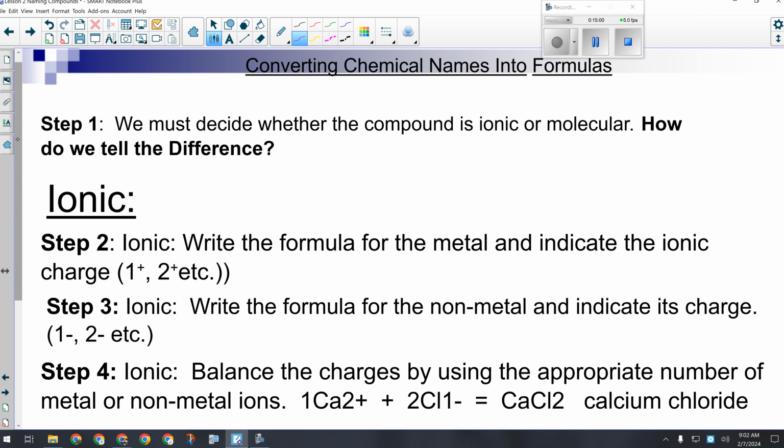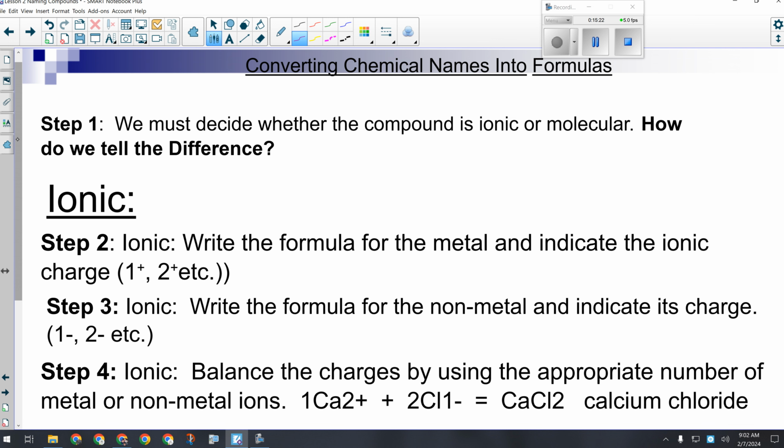You can just count how many rows over they are from the noble gases. That number equates to their charge. Okay? All right, so we write the name of the metal, indicate its charge, write the formula for the non-metal, indicate its charge, and then drop and swap. Simple as that. Okay, that's all there is to it.